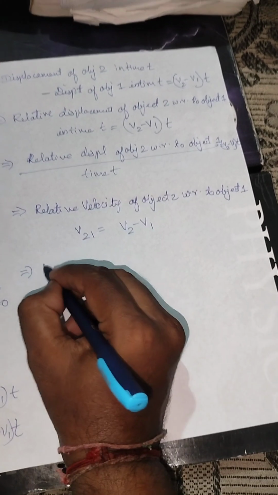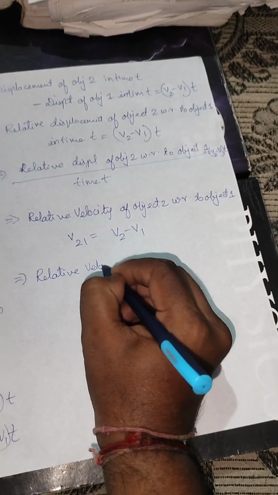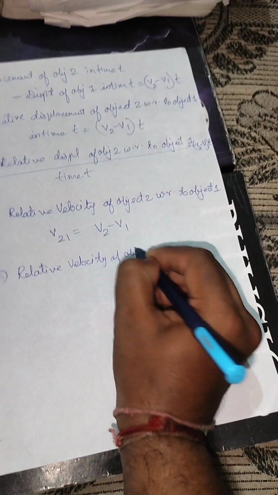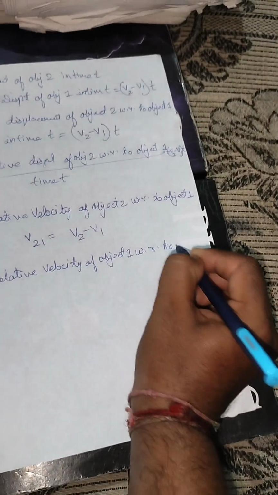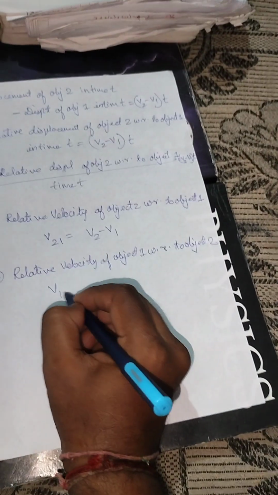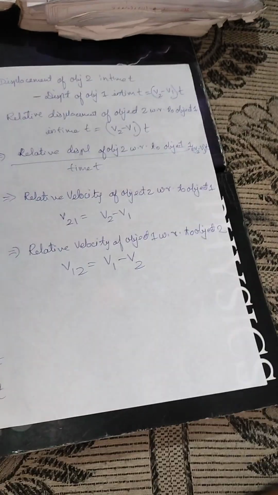We can also write the relative velocity of object 1 with respect to object 2 as v12 equals v1 minus v2.